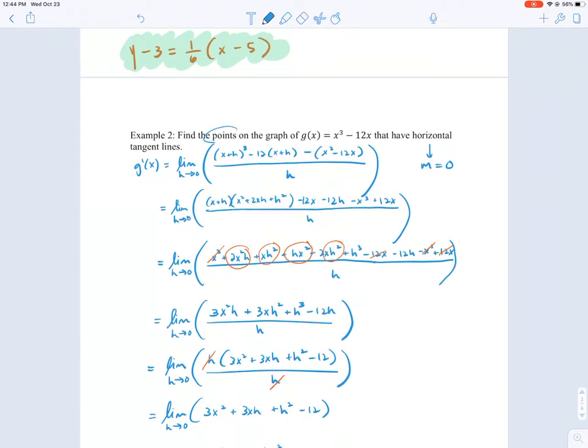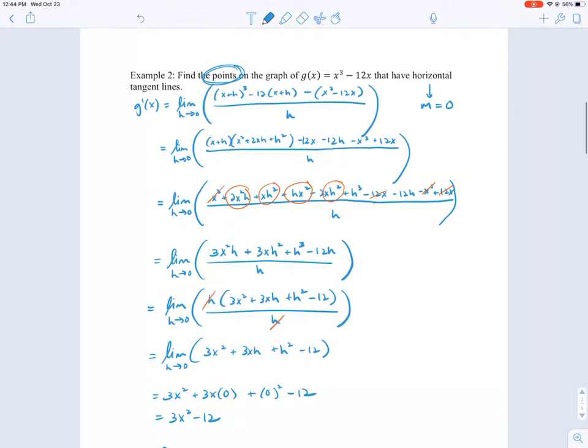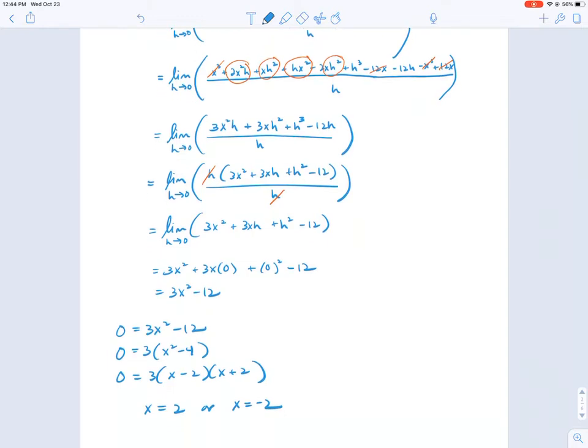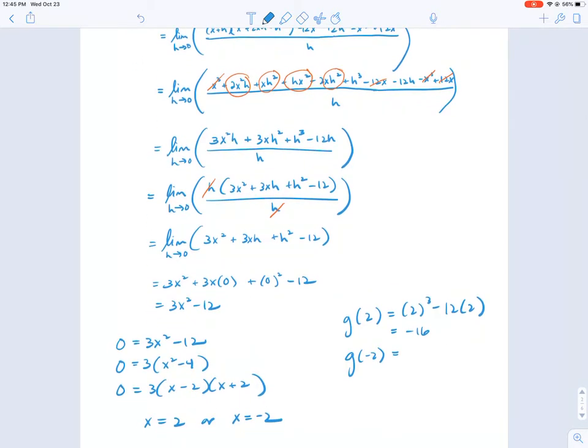But the question is asking for the points on the graph. So let's find the y coordinates that go with those two x coordinates. So let's find g of 2 and g of negative 2. So 2 cubed minus 12 times 2 gives us 8 minus 24, which is negative 16.